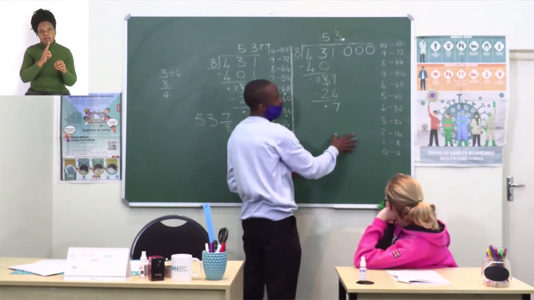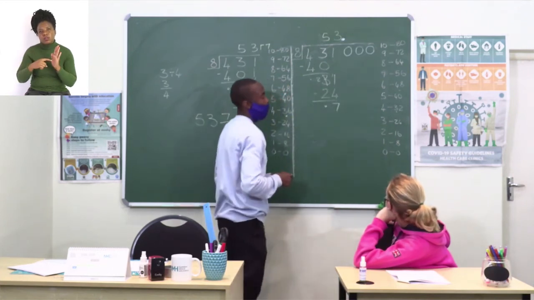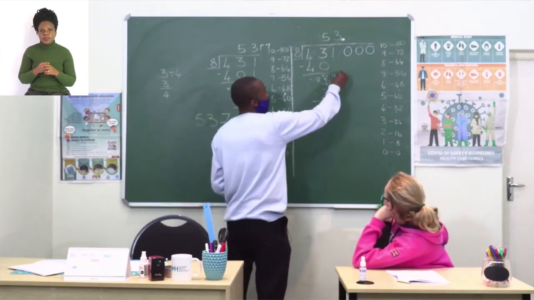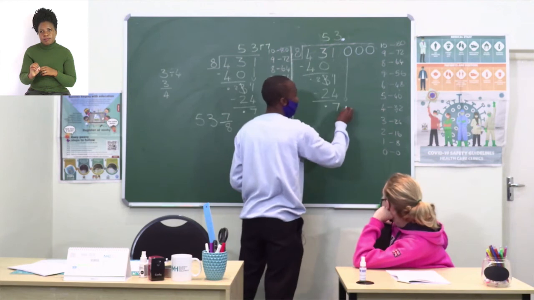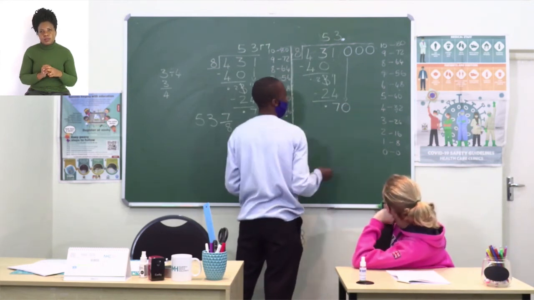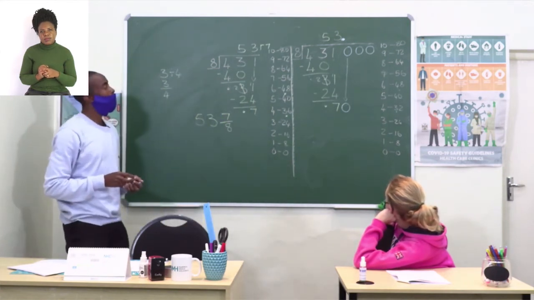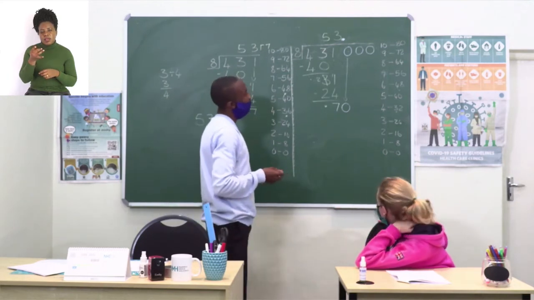So all the answers that you are going to get here must fall behind this decimal point. Okay, now let's get to it. So I will drop my 0, my first placeholder. Okay, and now we have 70. I will then say 8 goes into 70. Clarice, what do you think?